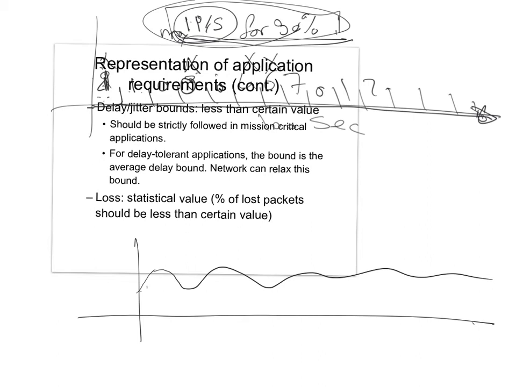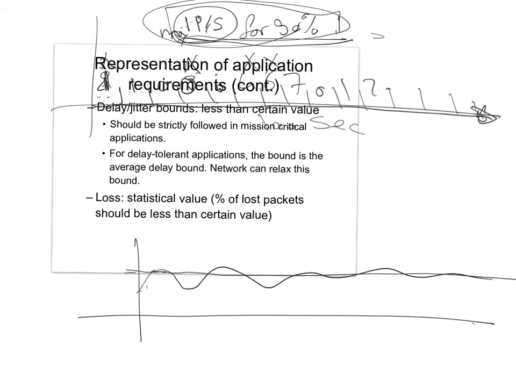okay. So if you have this bound, it tells you that we need to maintain 1 packet drop per second 90% of the time. So this means that you have to put a threshold on the 1 packet per second. Okay?